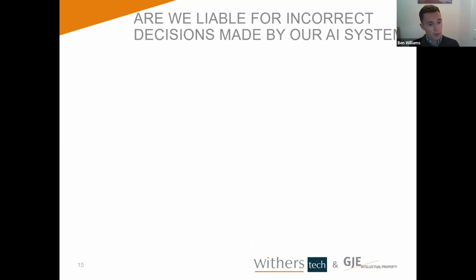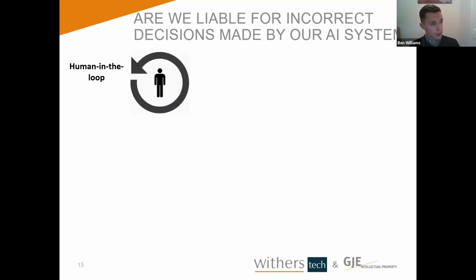But what we've got on this slide is a model which, if you apply that to your business, might provide you with a useful guide as to what is likely to be appropriate. And that model really is based on the involvement of human end users.